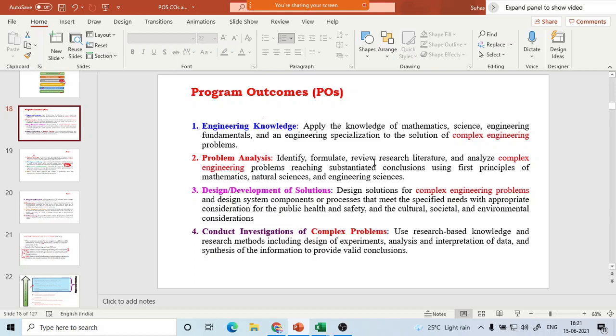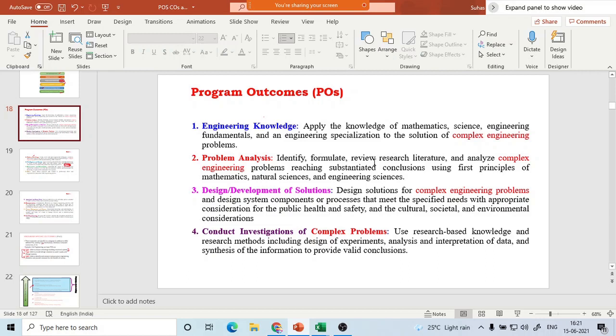This will be my first PO. For the second PO, I want to give more knowledge toward computer engineering, like computational techniques. I will give them a stronger base, more awareness toward software, or maybe more awareness about programming.